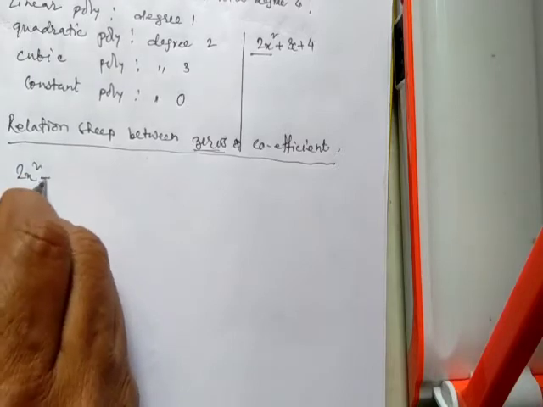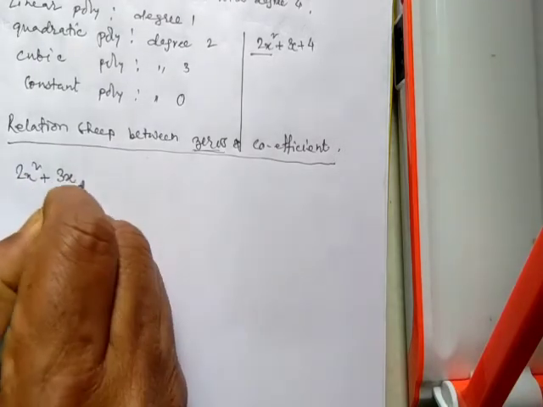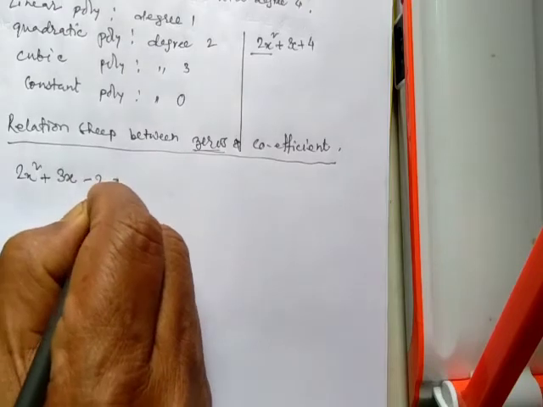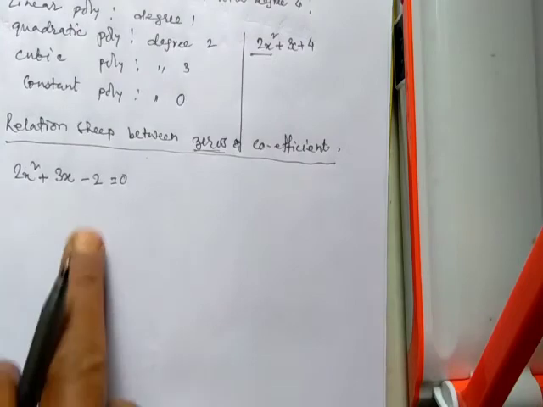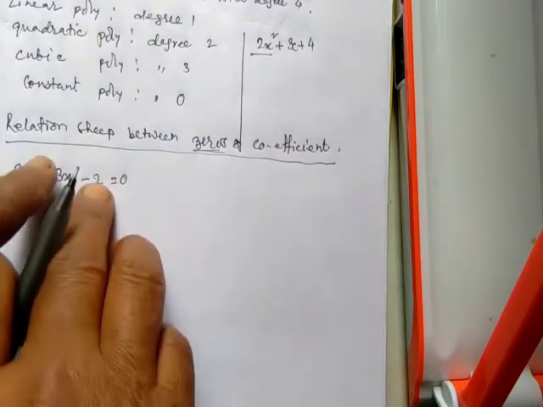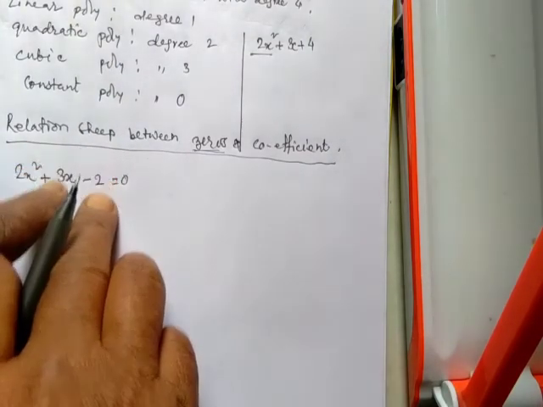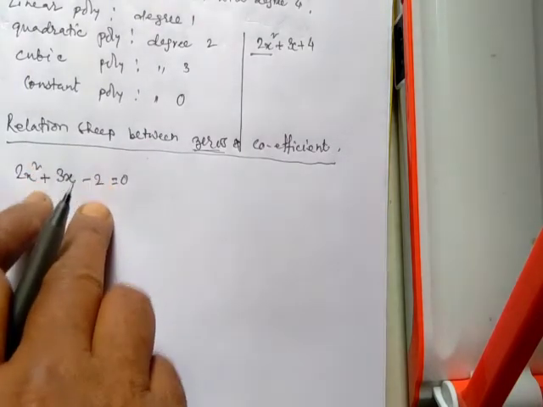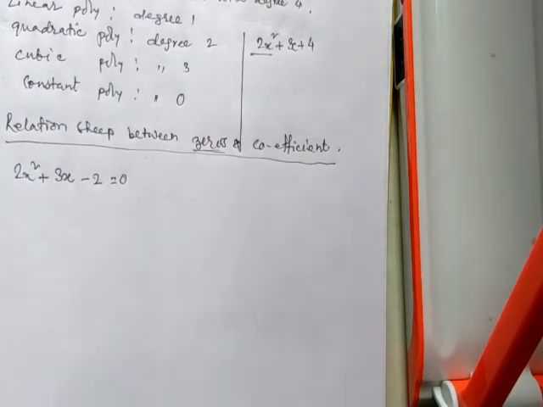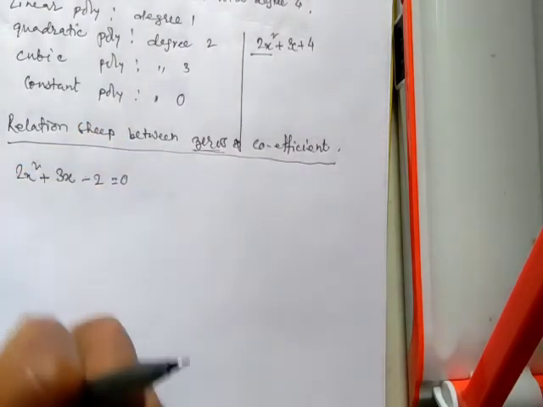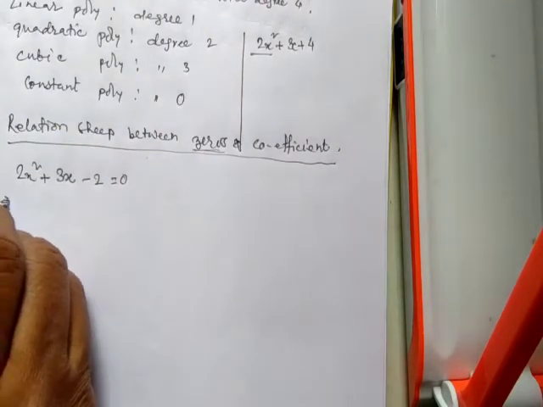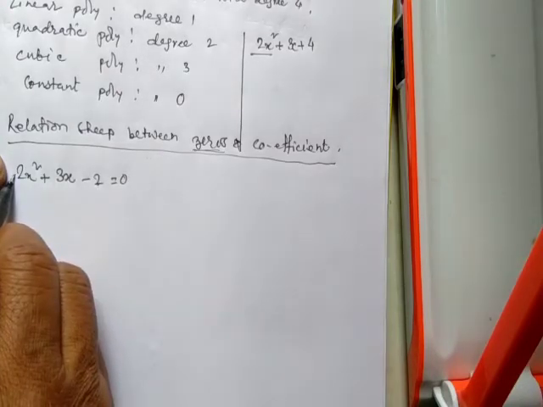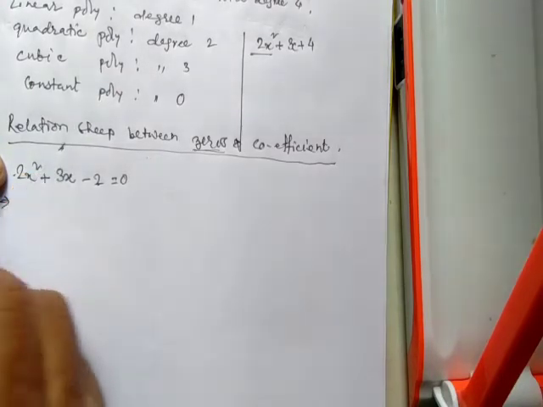2x square plus 3x minus 2 is equal to 0. I have taken this equation. I wanted to solve it to discuss. Now I am going to factorize it. After factorizing, I want to find out the value of x. Let us see. Factorization: 2 twos are 4, product is 4.